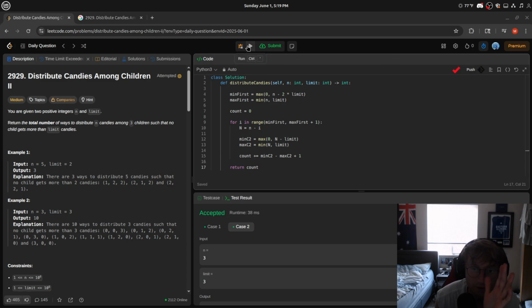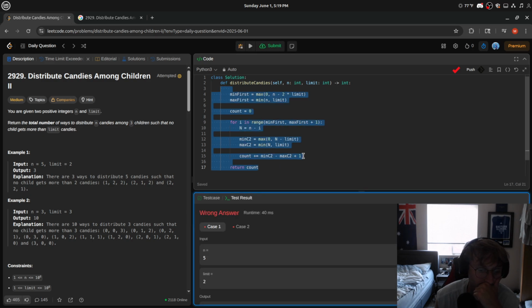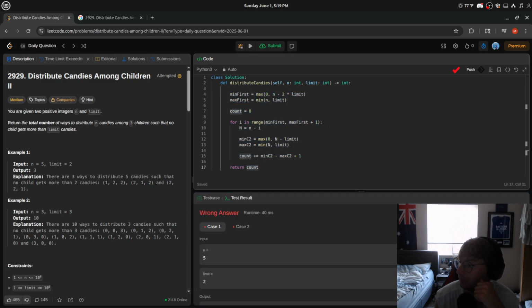I would have never got this by myself, like this solution right here. Would have never got it by myself. So I just want to put that out there.